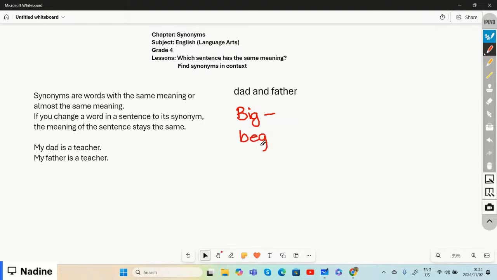Begin. We need to choose the word that is the same as begin or almost the same as begin. Because these are synonyms. Synonyms are words with the same meaning or almost the same meaning.